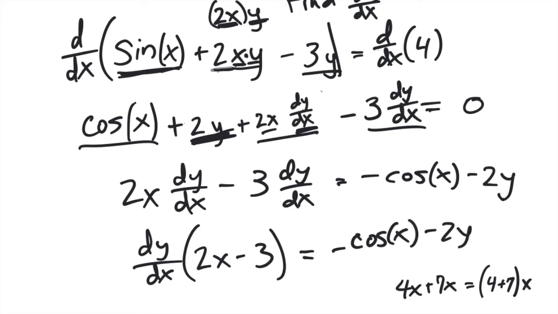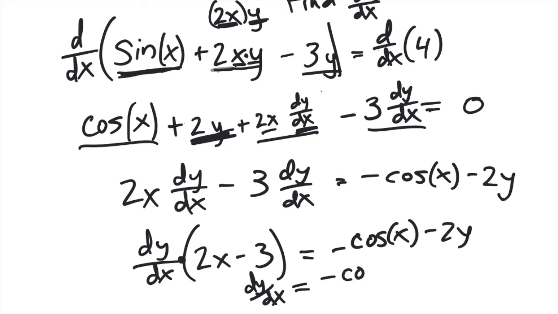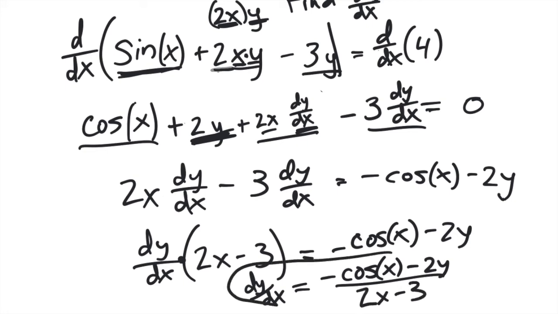And now to solve for dy/dx, get dy/dx all by itself, we can go ahead and divide by 2x minus 3, because they're being multiplied right here, and move that over to the other side. So we're going to end up with an answer like negative cosine of x minus 2y, over 2x minus 3.